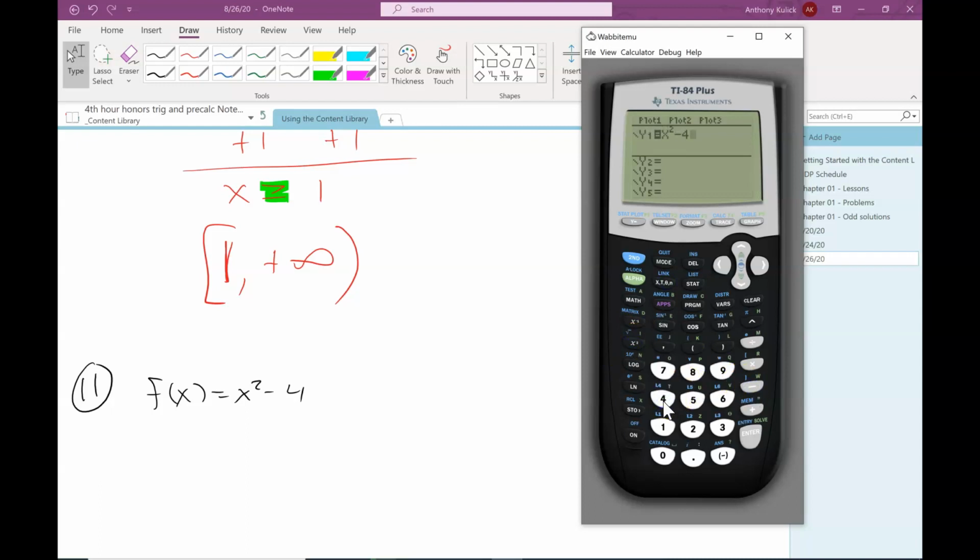Instead of just hitting graph, I'm going to pick zoom standard, because that's going to reset the window on my calculator back to about -10 to +10 for the x and y. So I should get a decent picture of that.